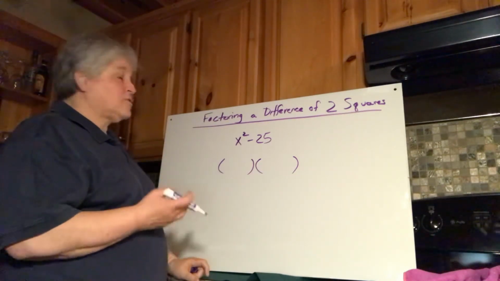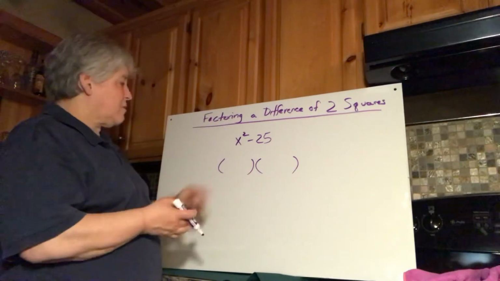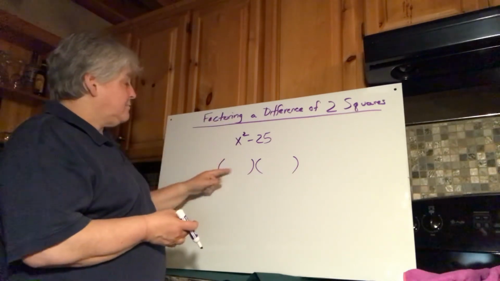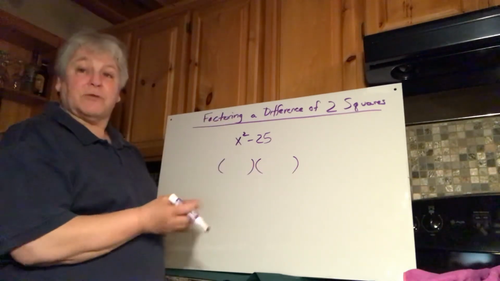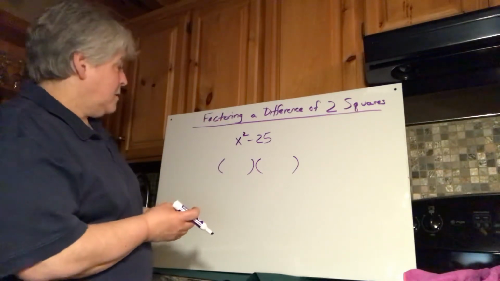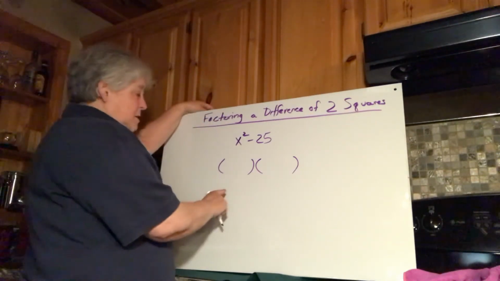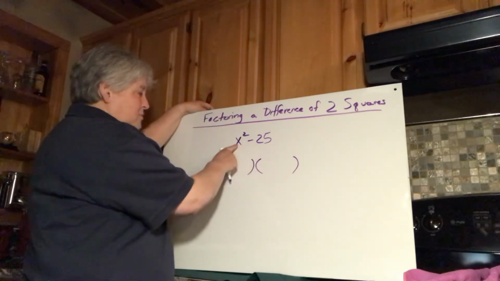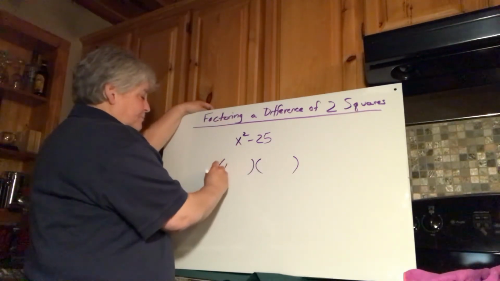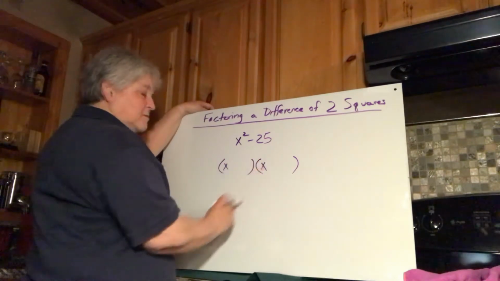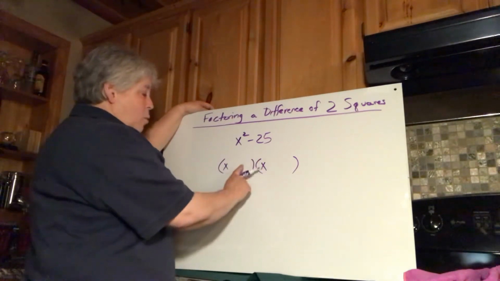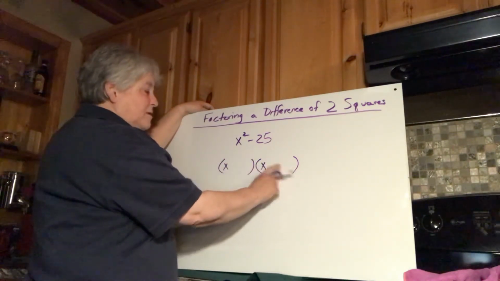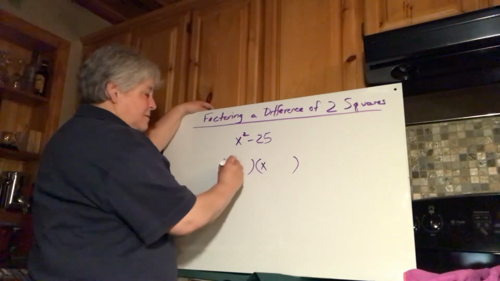But we just noticed that certain structures of the problem lead to having the middle term drop out. So basically, to factor this, you want to put what times itself gives you x squared: x times x is x squared. And what times itself is 25.